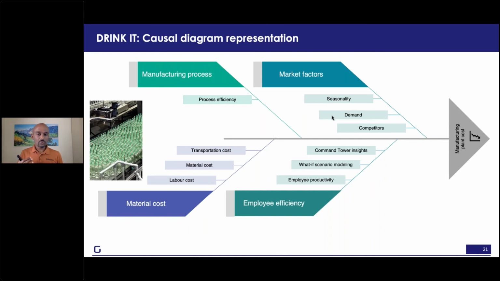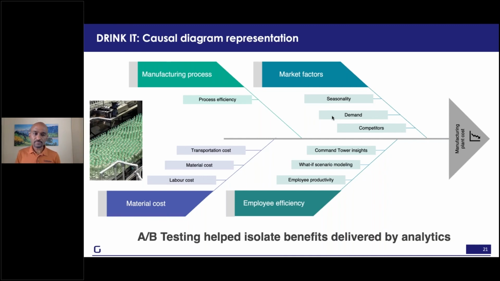Some of these are known, some of these you don't have data for. All of these were laid out on the table. And then A/B testing was applied. Here I was talking about this being done across multiple countries. So it was possible in this case to identify and isolate different plants and run these A/B tests.